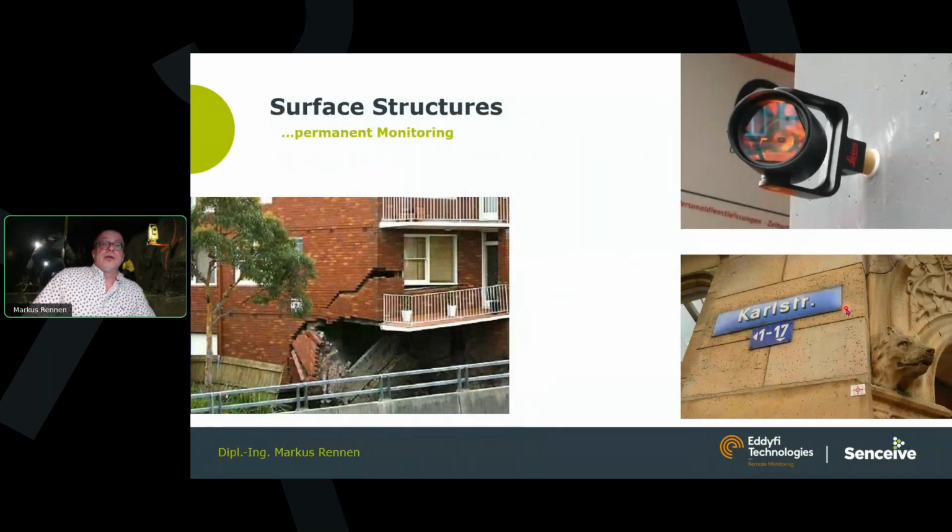So also here, these observations could be carried out by total station observations with certain prisms or reflex marks.